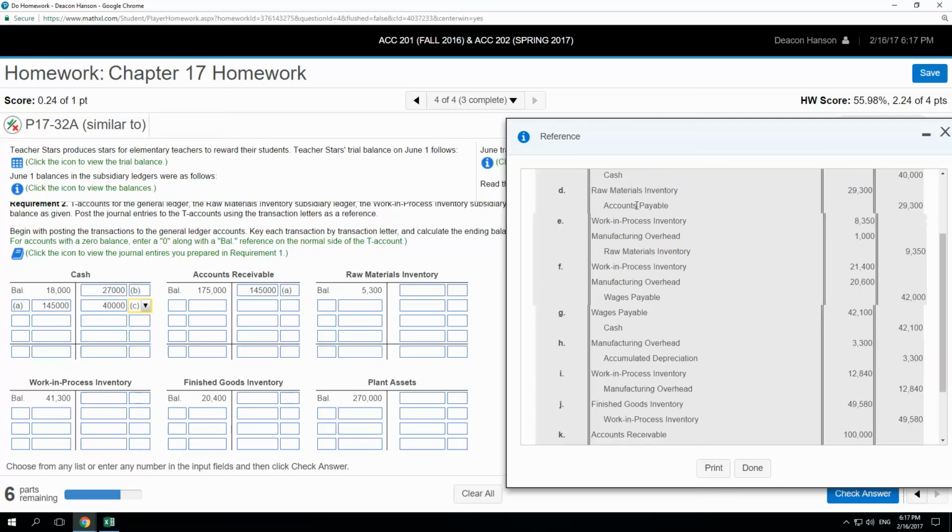Let's see, I got a raw materials debit in D, and an accounts payable credit.